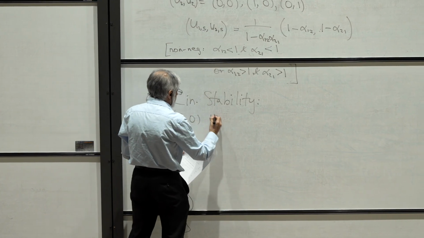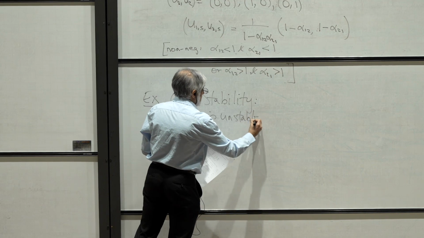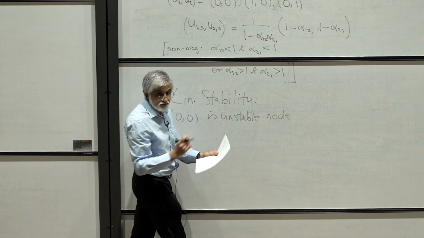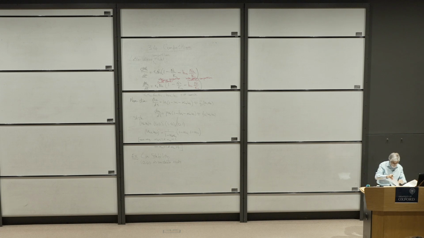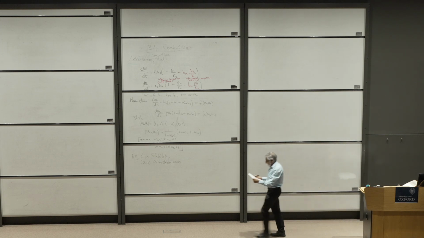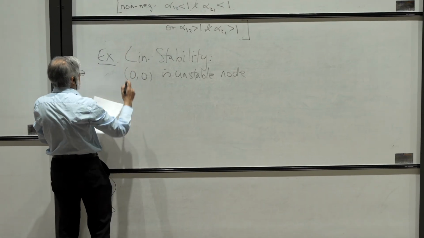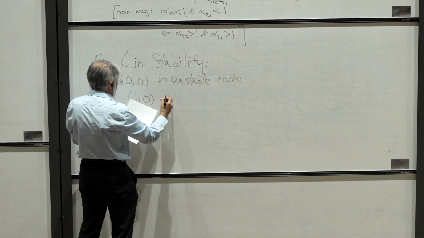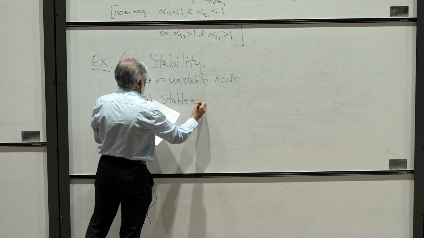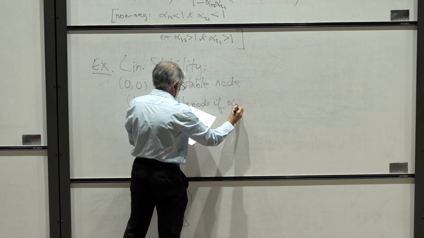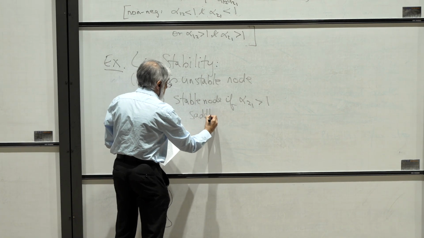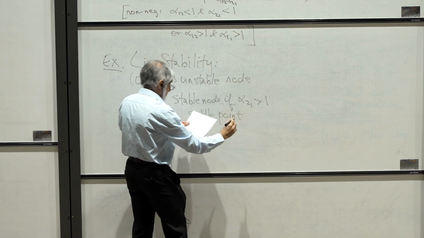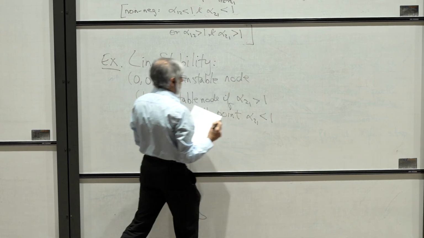(0, 0) is an unstable node. (1, 0) is a stable node if alpha21 is bigger than 1, and it's a saddle, which is unstable, if alpha21 is less than 1.